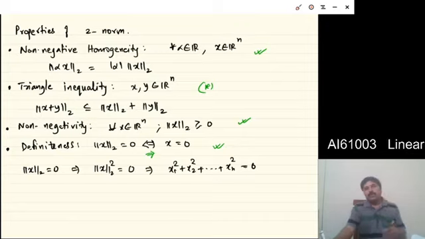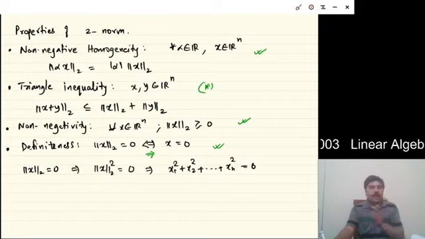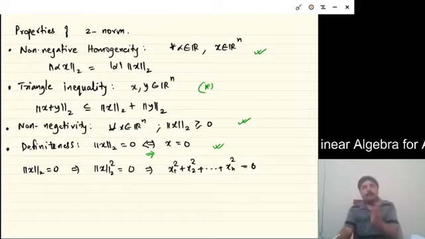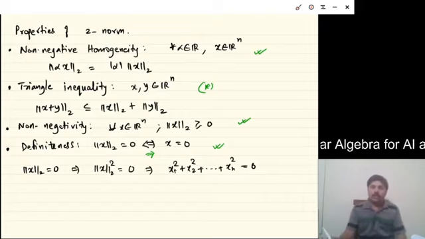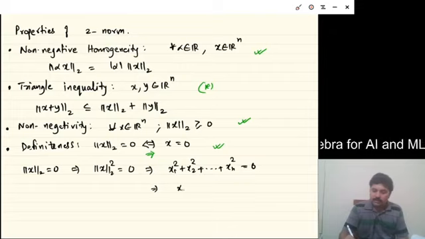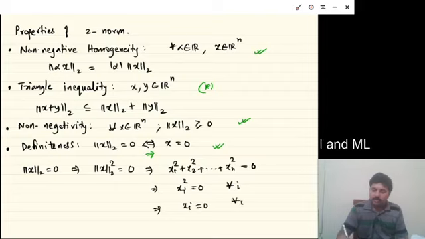Now x1 square, x2 square, xn square are all non-negative numbers and they are all adding up to 0. A sum of non-negative numbers adding up to 0 means each of those non-negative numbers has to be equal to 0. So this implies that xi square has to be equal to 0 for every i, which implies that xi has to be 0 for every i from 1 up to n.